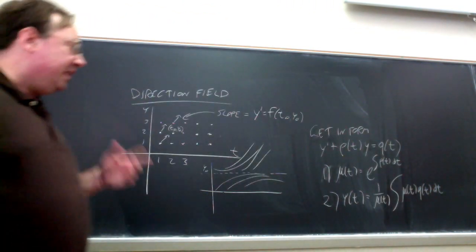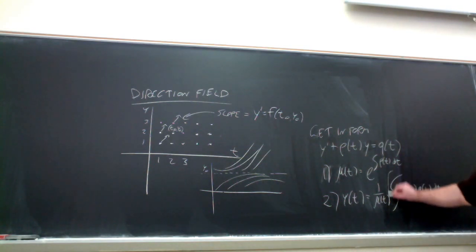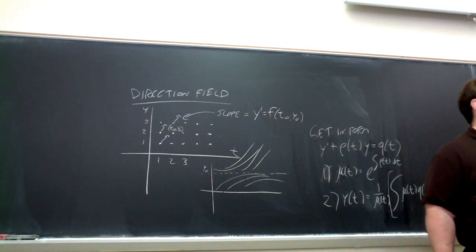And you just have to remember, even though it doesn't look necessary, I'm going to do it anyway, enclose this in brackets and keep it in brackets. Because when you work out this integral, and by the way, at least some of these problems require integration by parts, like if you have a power of t times an exponential, something like that.